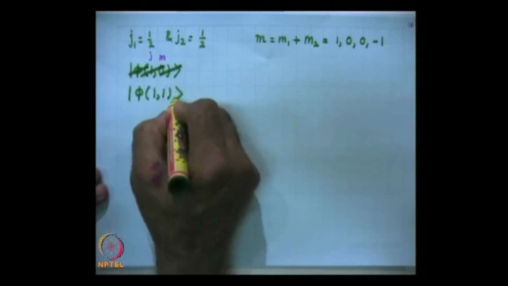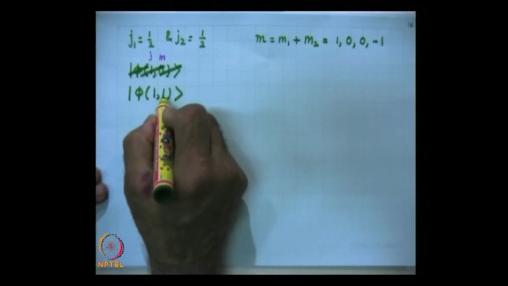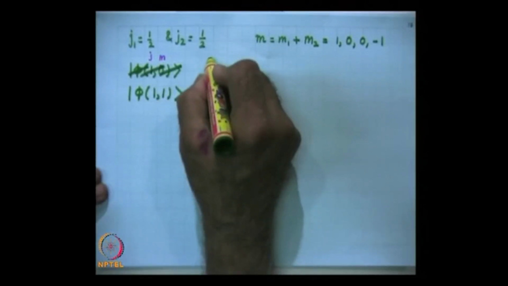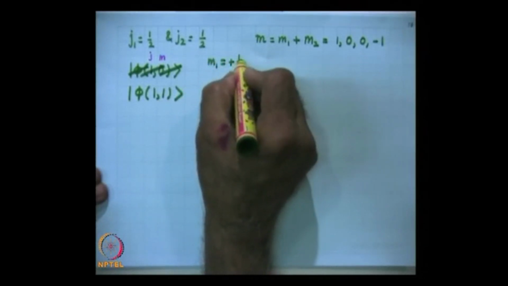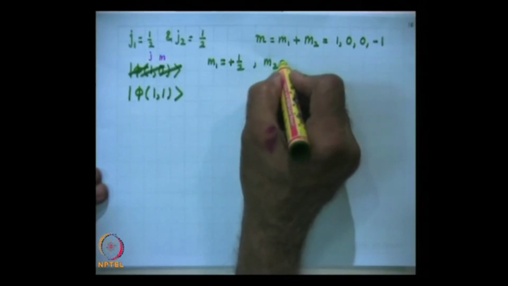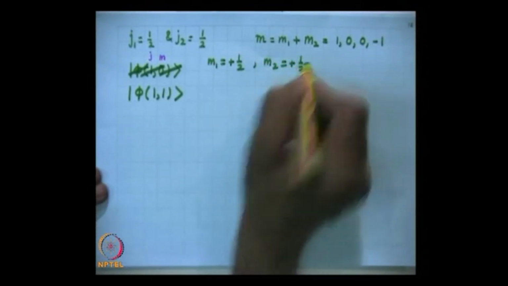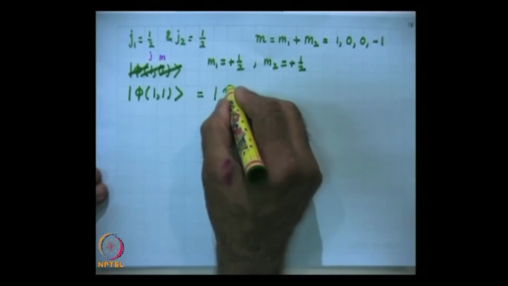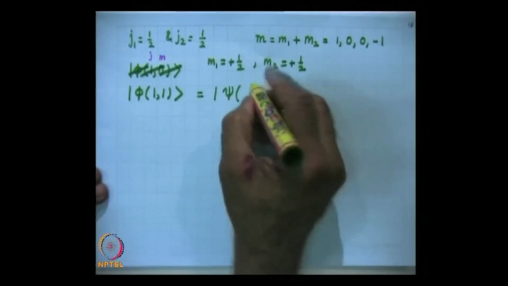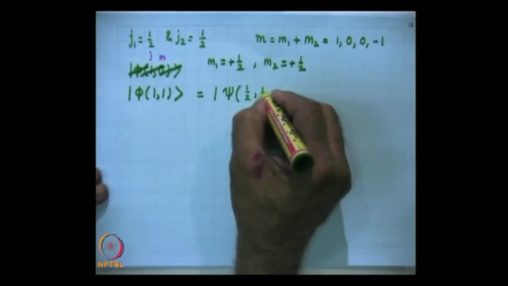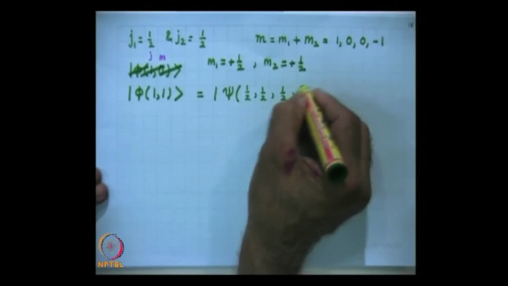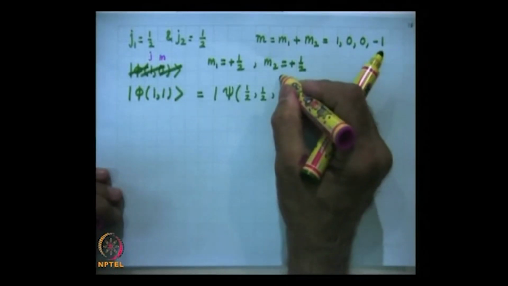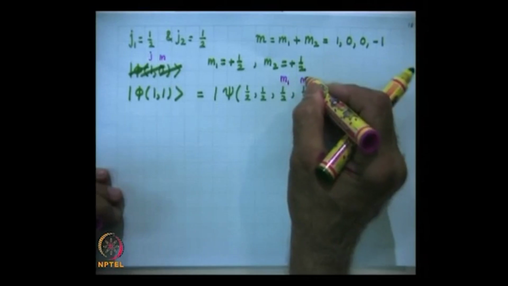So, J value is 1 and M value is 1. So, when M is 1, M1 has to be half and M2 has to be half. So, therefore, this will be equal to psi J1 J2, let me write it down here, half comma half comma half comma half. These are the values, the last two digits are the values M1 and M2.